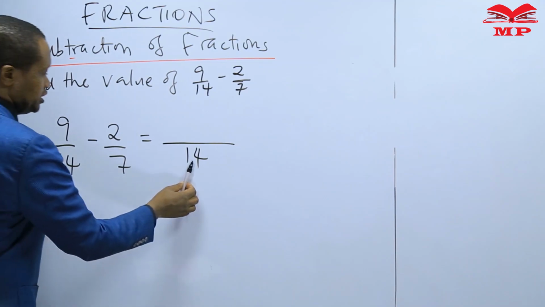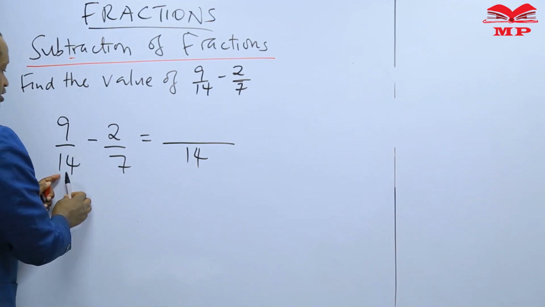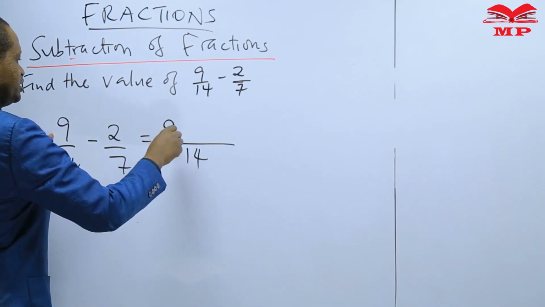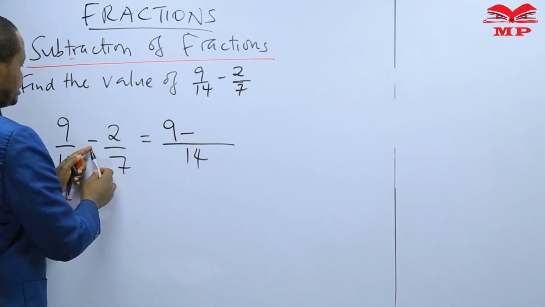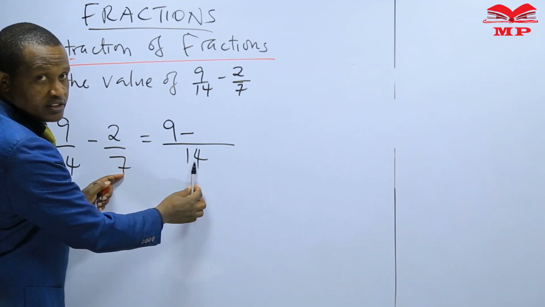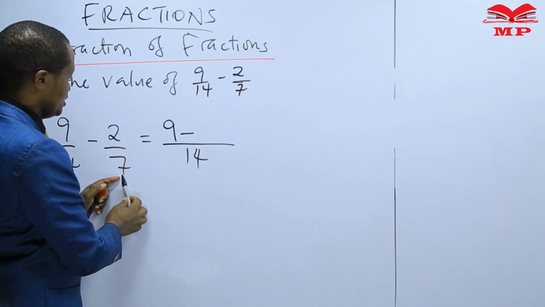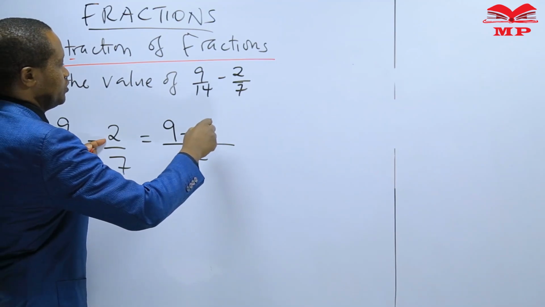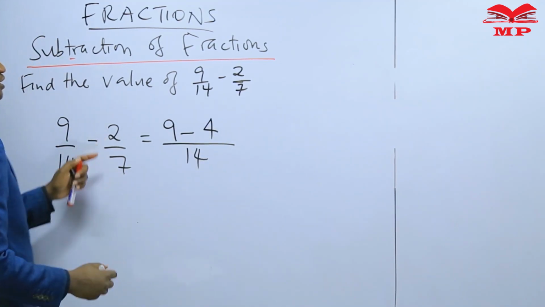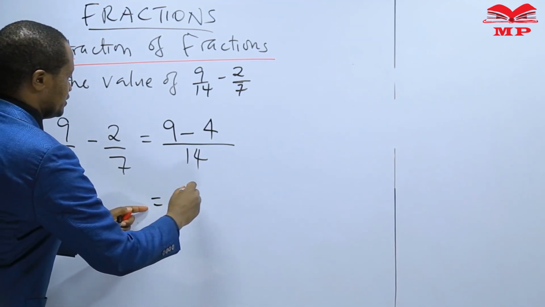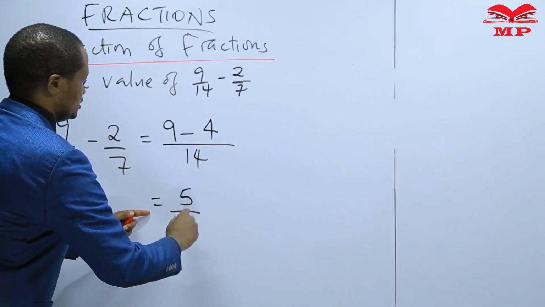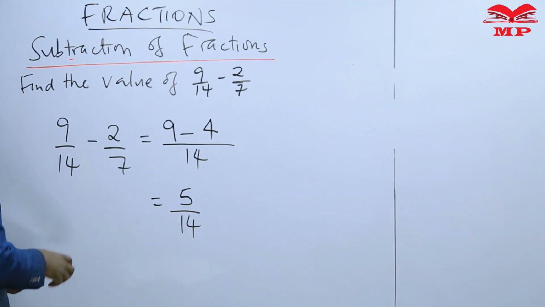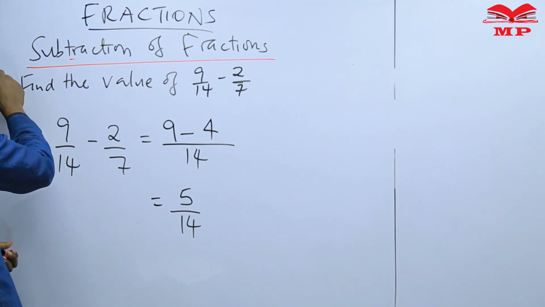Then we take 14 divided by 14, gives us 1. 1 times 9 is equal to 9, minus 14 divided by 7 is equal to 2. 2 times 2 is equal to 4. So the answer here is 5 over 14. So that is the answer to example 1.